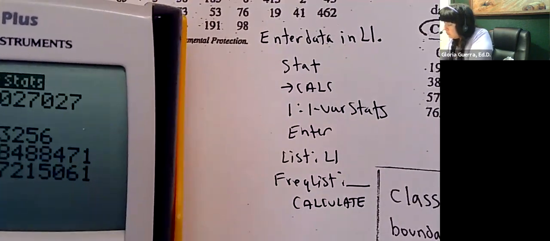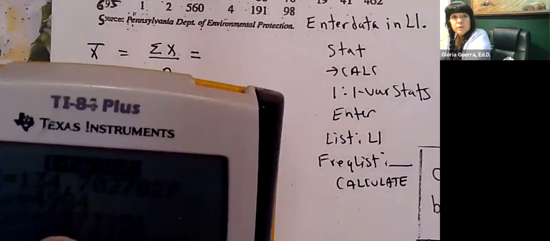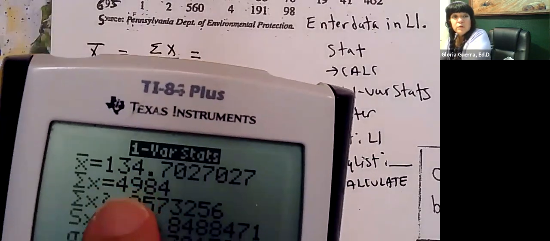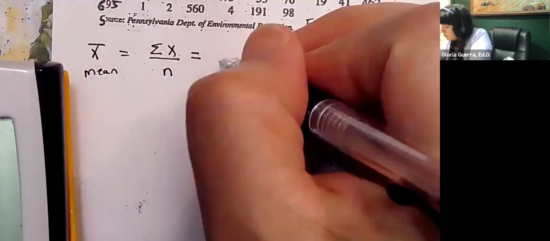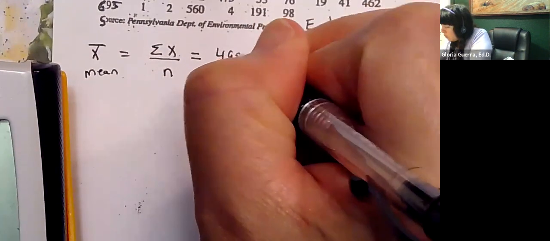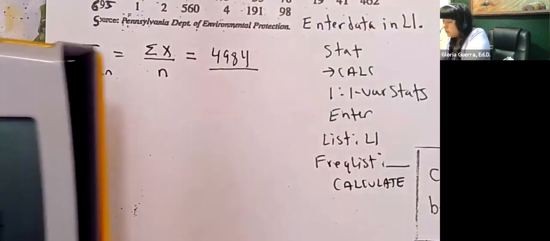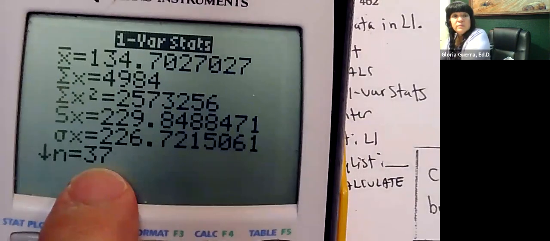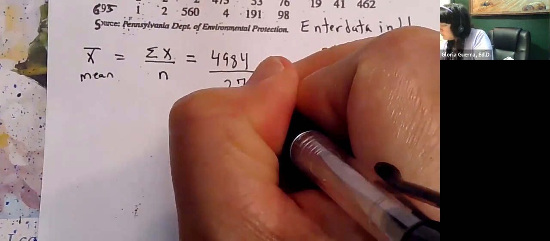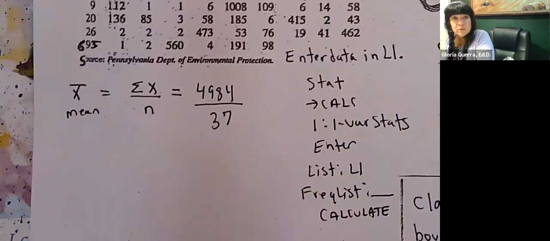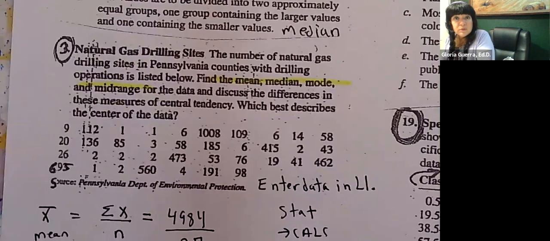Okay, so there's our x bar, and there's your summation x, 4,984, and you're dividing it by 37. Did they say there was 37? Sometimes they'll tell you here.